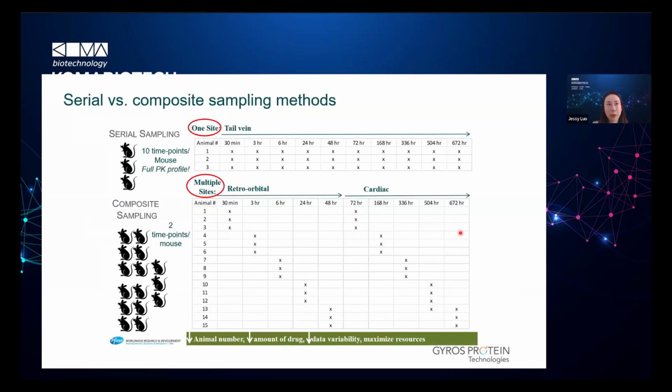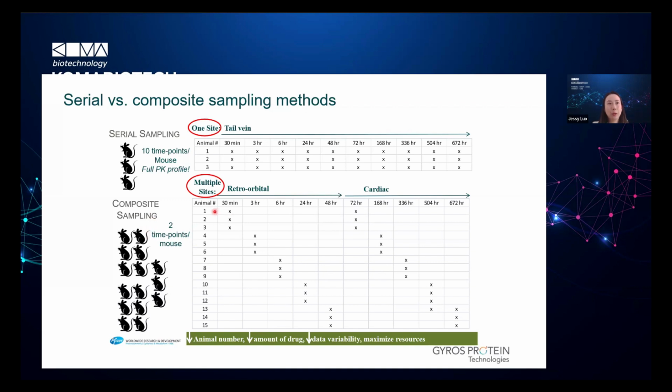And this is quite beneficial from a scientific, cost, or ethical point of view. Just an example to save mouse here. If we can support microsampling, then for one mouse, we can take 10 data points. So that means with one mouse, we could create a full, complete PK profile. But if using other platforms that need to consume more sample, then you can't use only one mouse for all the data points, because the mouse cannot support so much sampling.